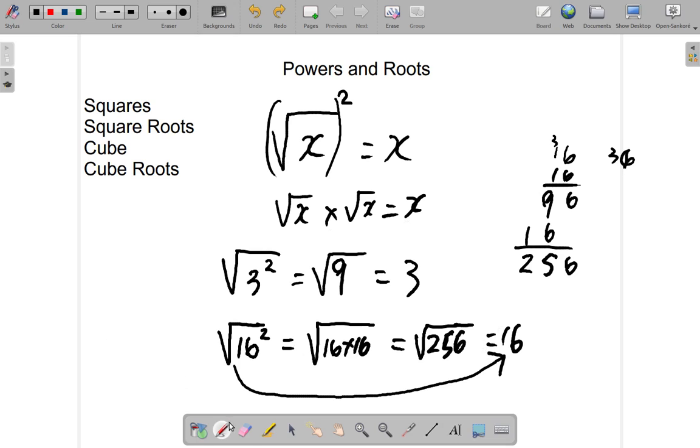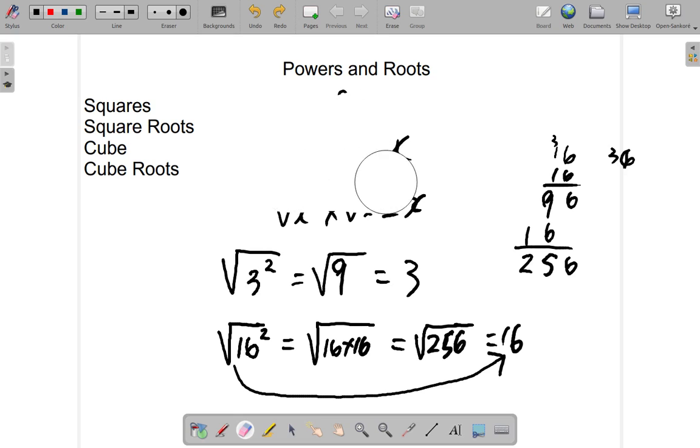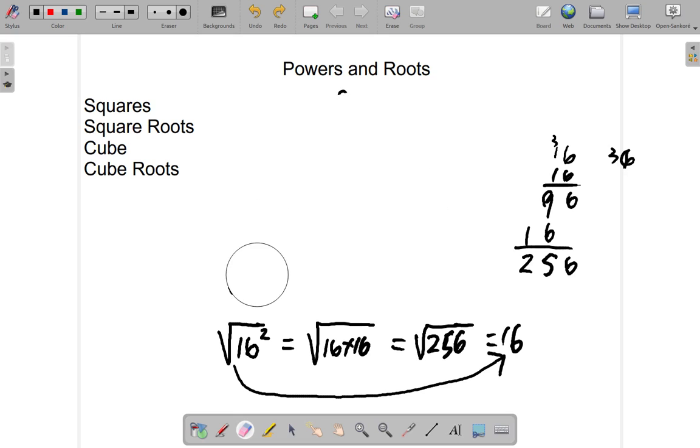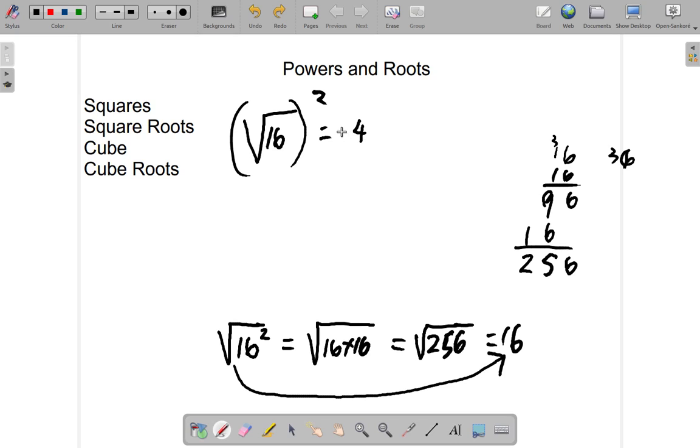Now let's see what happens further. Let's go back here. Use up the space. And this time we will say, what is the square root of 16 and all of this squared? Then what we have is the square root of 16, let's say 4, and that will be squared. It's also negative 4, but let's use 4 for now.